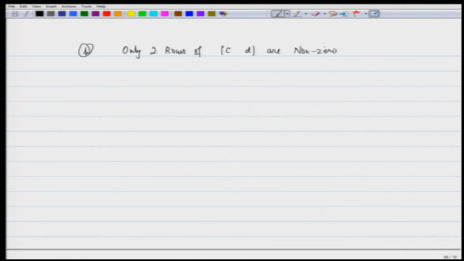Again there are 4 columns. Out of 4 columns, any 2 columns can be pivotal columns. So, the pivotal column choices will be 6 of them: either 1 2, 1 3, 1 4, 2 3, 2 4 and 3 4. So, let us look at these things separately.